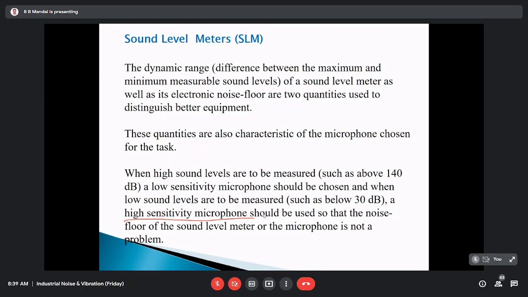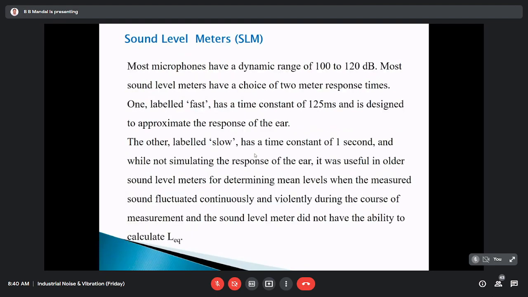But in a lab environment, or where classes and demonstrations are going on, or where you are analyzing the sound of birds or other animals, the overall sound is very low and you need to detect very low sound. There you can use a highly sensitive microphone, so that even a little variation is recorded. Otherwise, in industrial noise, we can use a class 2 microphone for all purposes.